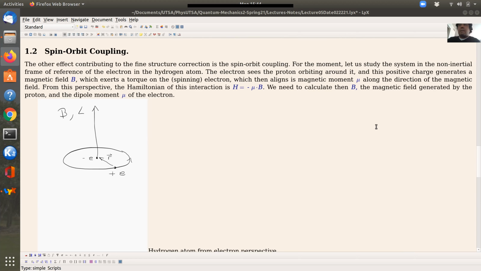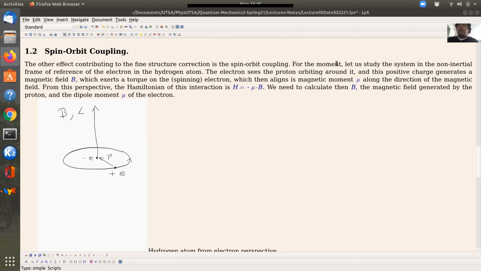Because the proton is orbiting around myself as an electron, this positive charge generates a magnetic field, just as in the figure. And this magnetic field exerts a torque on the electron because it has a spin. In this caricature picture in the classical case it is spinning, although that's not the correct quantum picture of it.